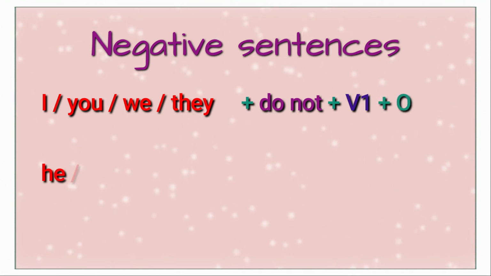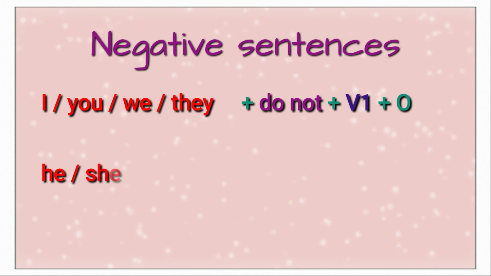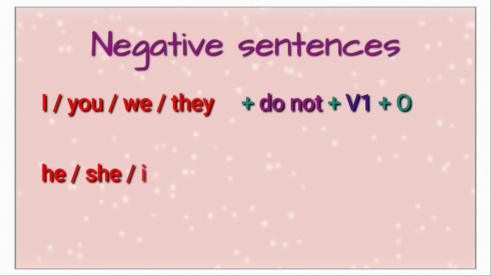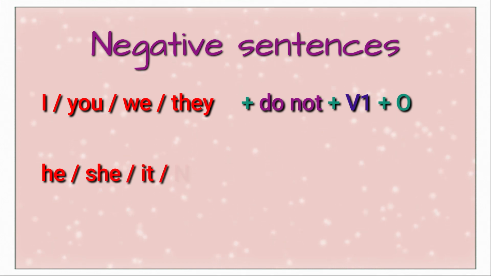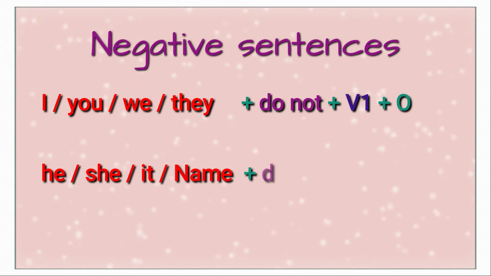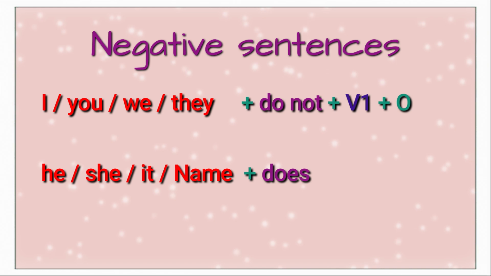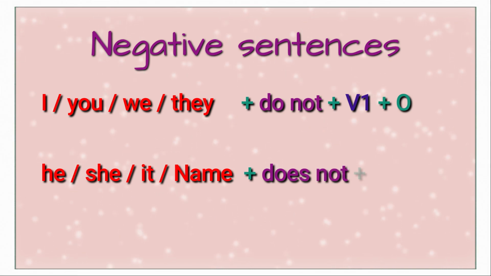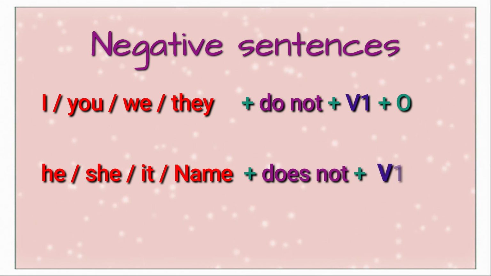And if subject is he, she, it or some name, after this we will use does not plus first form of verb plus object.